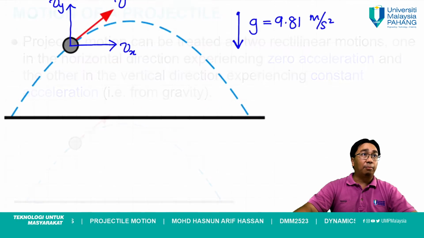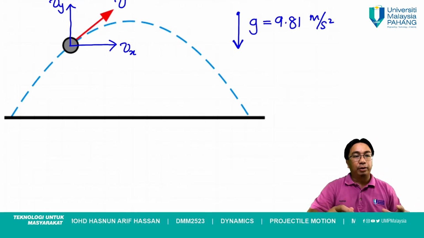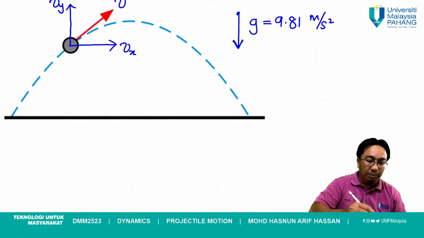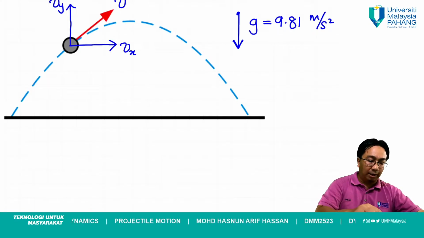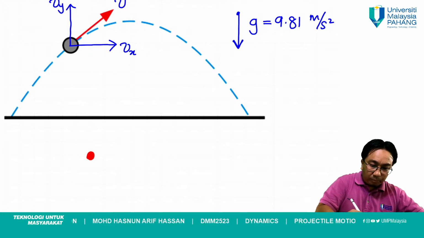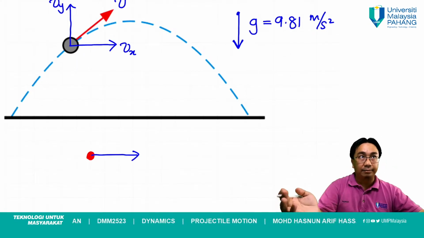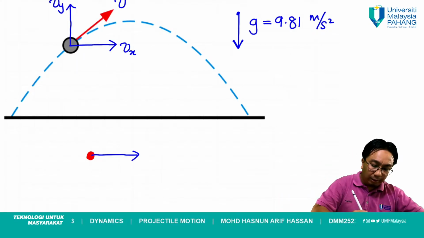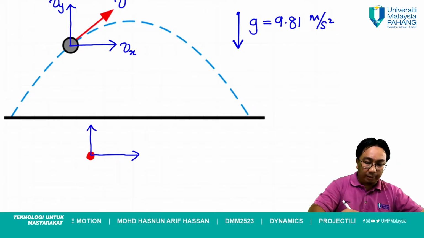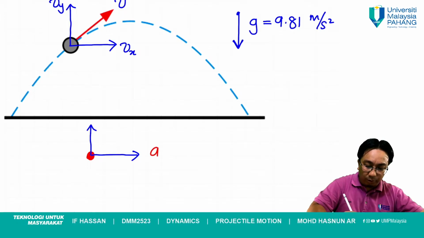Okay, so kalau balik kepada tadi, dia cakap kita boleh treat projectile motion ini sebagai dua rectilinear motion. So sama macam yang you tengok velocity kita dah pecahkan dua tadi, maksudnya pada setiap masa dia akan ada satu motion ke kanan in horizontal dan satu motion in vertical macam ni. Okay. Tapi tadi dia kata in horizontal acceleration a is equal to 0.